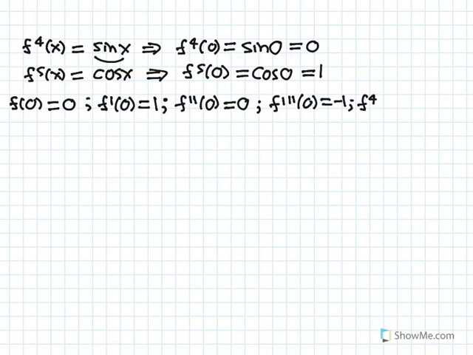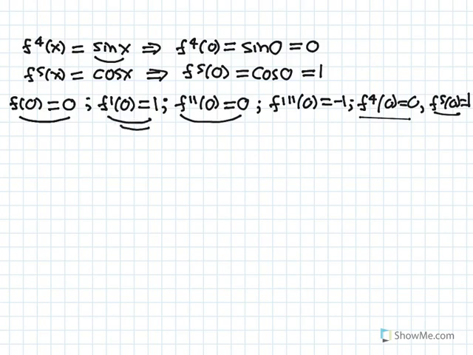F fourth of 0 is equal to 0. And the fifth derivative, f fifth of 0, is equal to 1. All right, notice that the even derivatives, f of 0, f double prime of 0, and the fourth derivative at 0, are all zeros. But the odd derivatives alternate between 1 and minus 1.